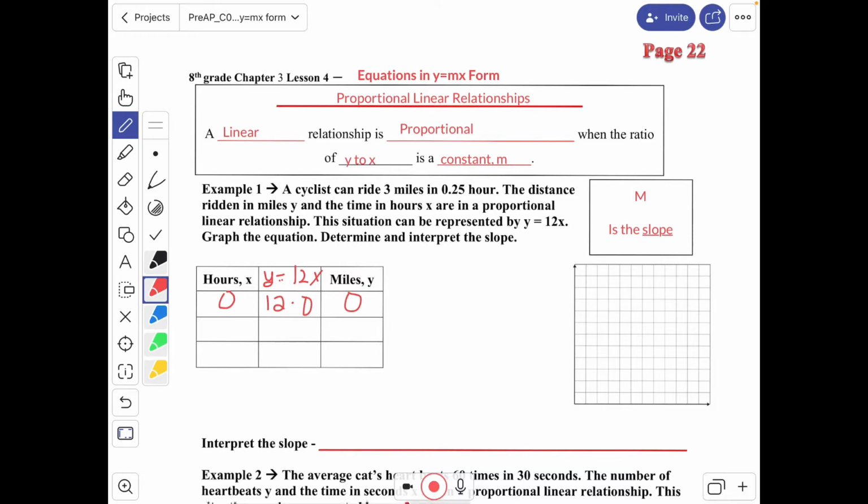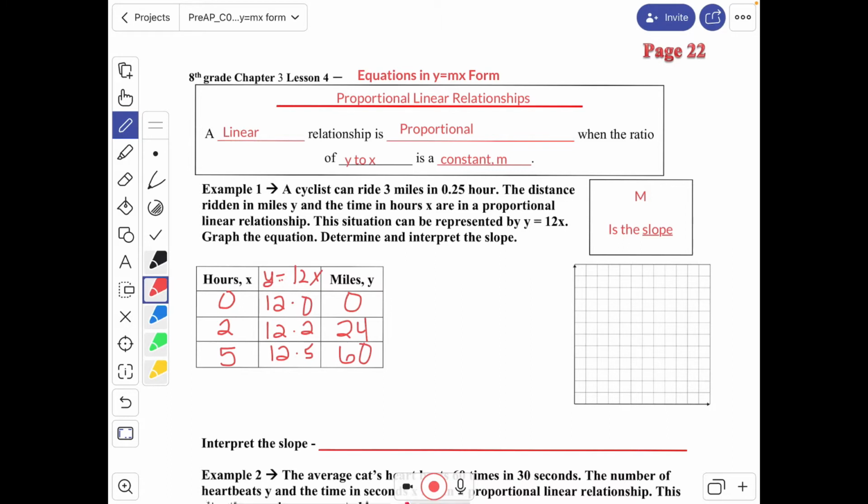No, because it's talking about distance and time, and those are not things that can be negative. So if I plug in 2 hours, it would be 12 times 2, which is 24. I'm just picking a random number to plug in. It could have been anything. The next one will be 12 times 5, which is 60.